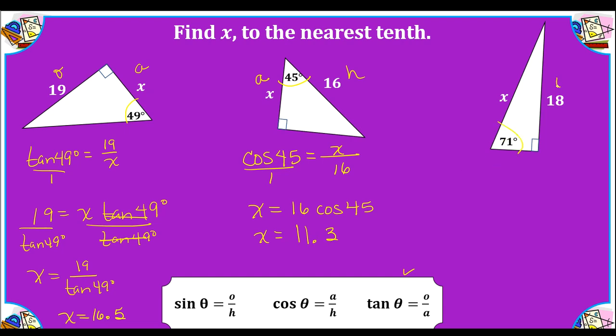And the last one, our reference angle is 71. We have opposite and we have hypotenuse. So opposite and hypotenuse is sine. So the sine of 71 degrees is equal to opposite over hypotenuse. Cross multiply.